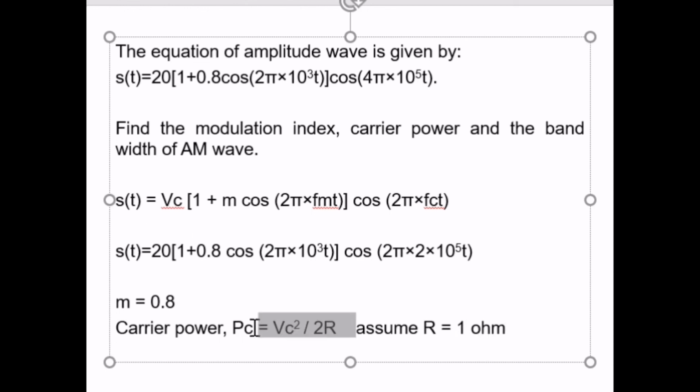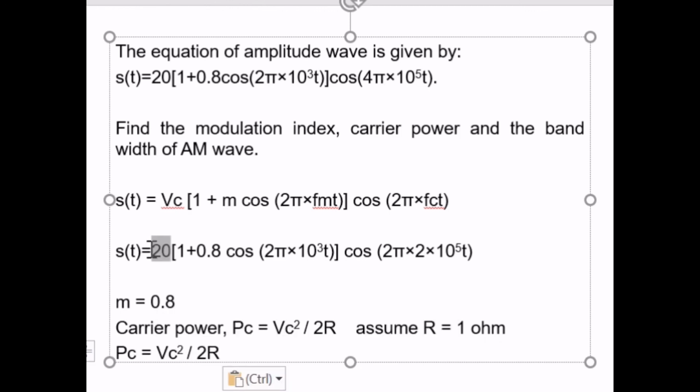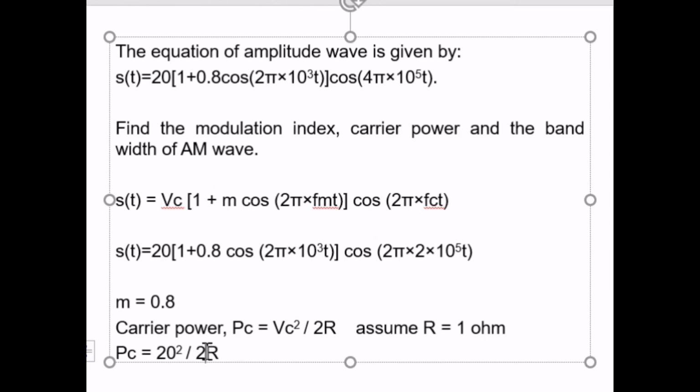So Pc here, you can write down here, Vc should be 20, R is 1. So you will get the answer is 200 watt.